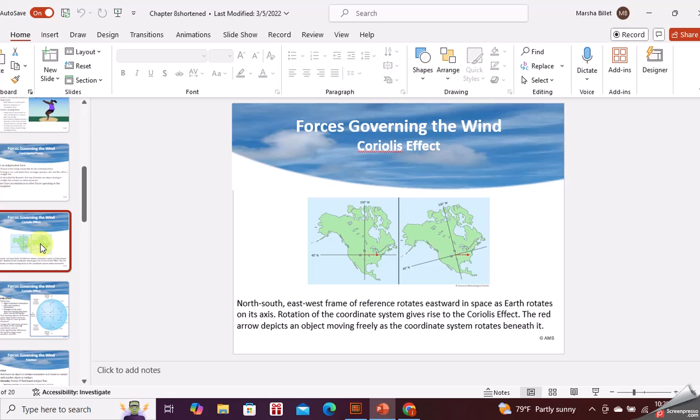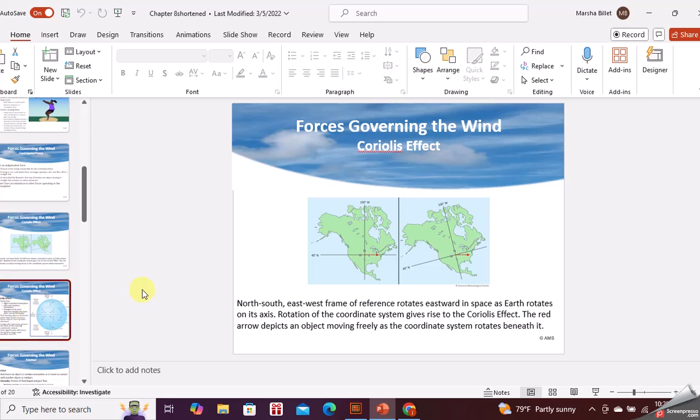So in the northern hemisphere, because of that, any wind is pushed to the right. And the Coriolis force is stronger towards the poles than it is on the equator. Matter of fact, it goes to 0 on the equator.